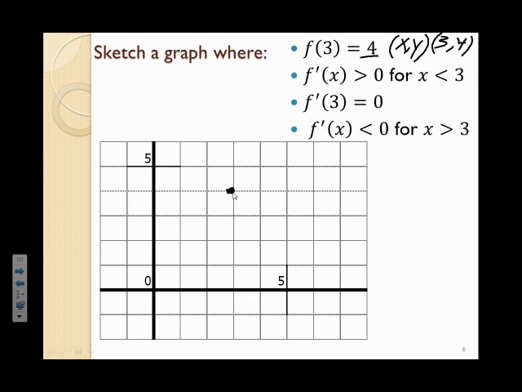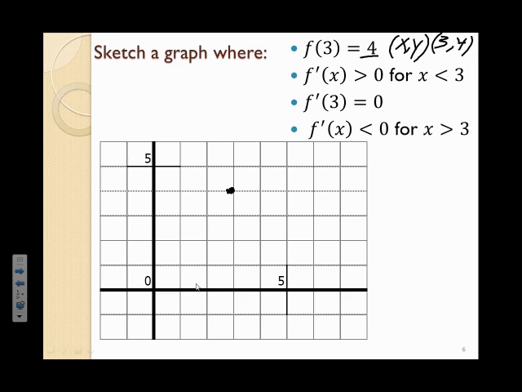Now, the second part of it says, f'(x) is greater than 0 when x is less than 3. So that's going to mean that when x is less than 3, it's going to be on this side of this point.